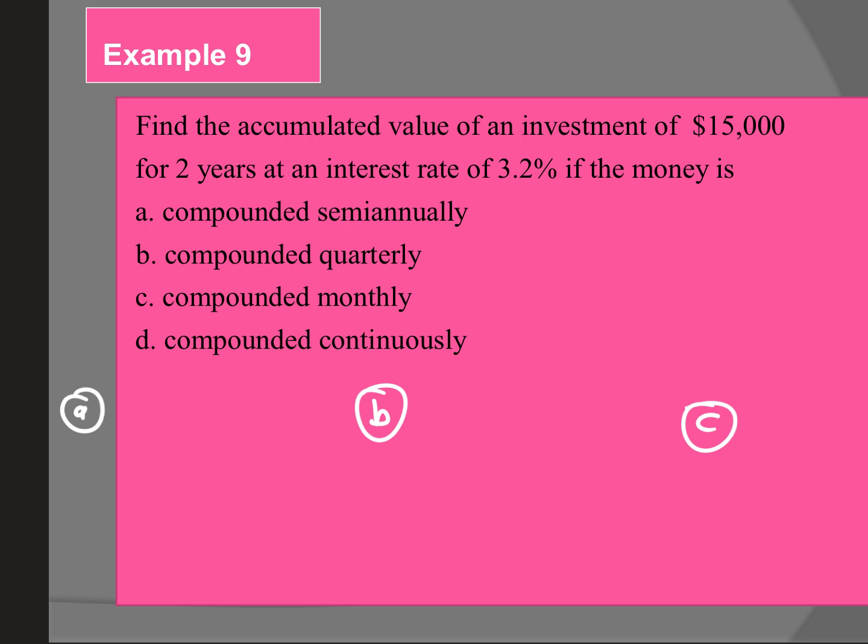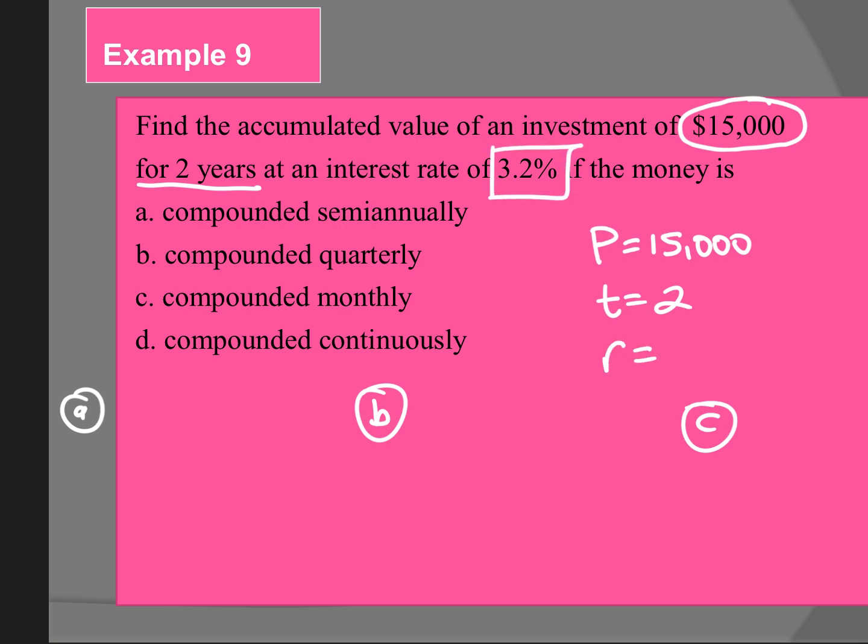Super straightforward. It says find the accumulated value of an investment of $15,000. What do you think $15,000 represents? Your principal, what you start off with. Good. For 2 years, what letter is that? Time, 2. Interest rate of 3.2.